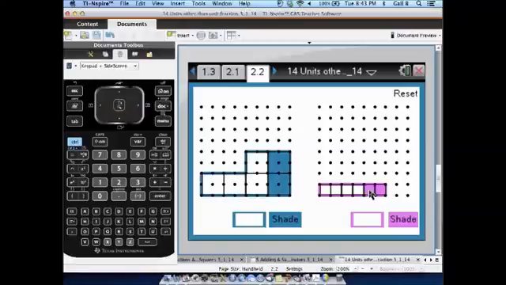So that kids can have this discussion about the role and importance of the unit. And this fraction can come anywhere in the whole story that we actually want it to.